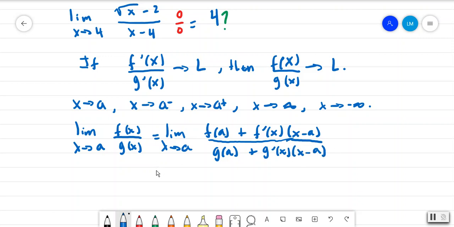Now, what you'll notice is that f of a cancels out because it's 0, and g of a cancels out because it's 0. But then you're left with this, and that factor cancels out too.